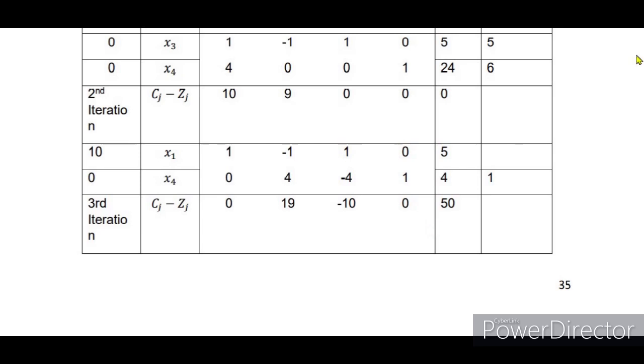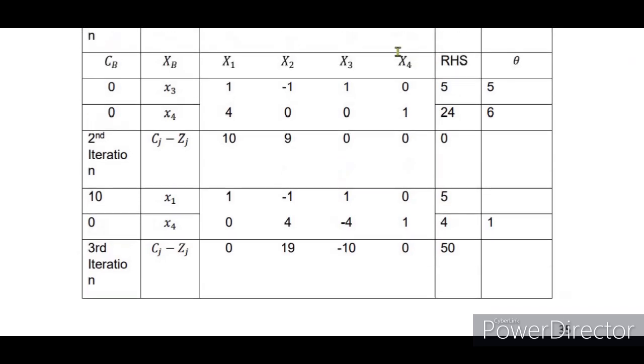So in our second iteration, you notice that x sub 3 is replaced by x sub 1. So we will rewrite that row by dividing all the elements in the previous row, which is the x sub 3 row in the first iteration, by the pivot element.